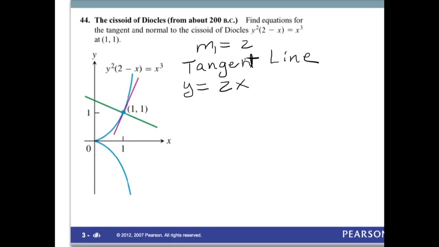M is 2, and we need to find out what b is by plugging in the point (1, 1).